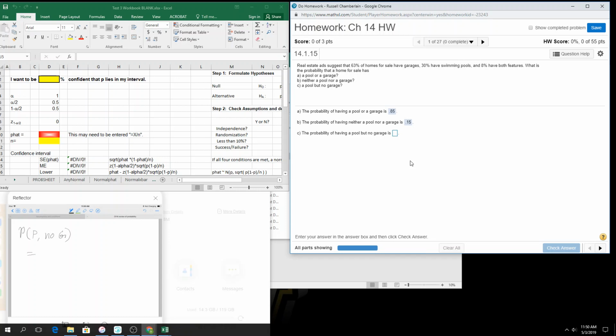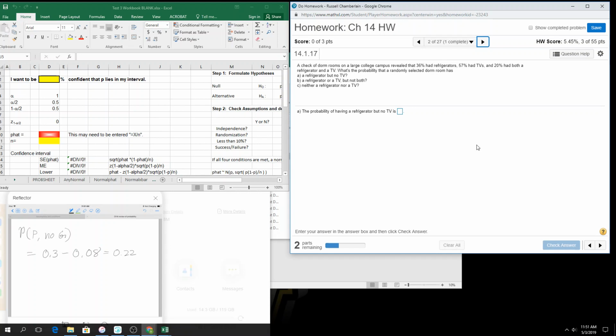Let's give that a try with 0.3 minus 0.08 would be 0.22. Right? Okay, so a couple questions there I thought were kind of important to talk about.